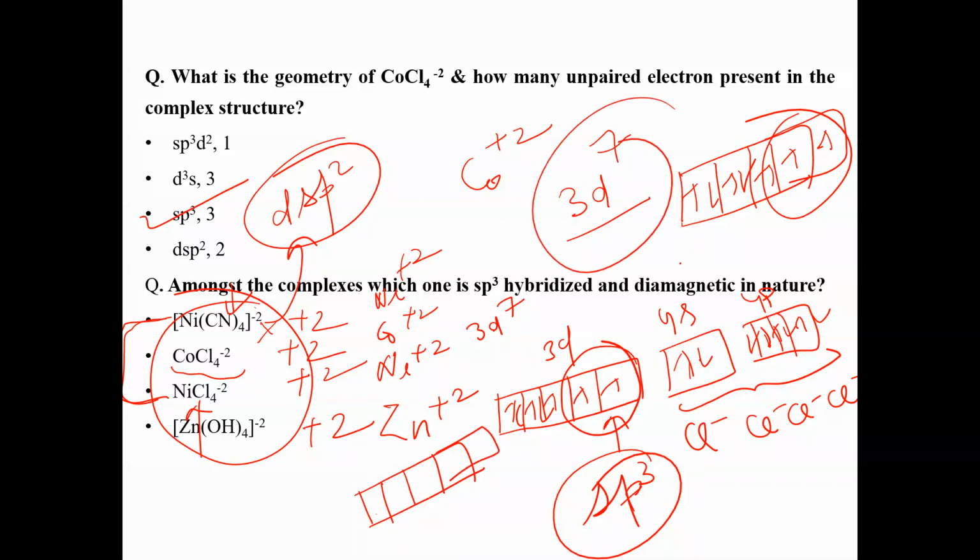So 3d7 is written here. Two unpaired electrons are there, so it will be paramagnetic. And for nickel plus 2, that is 3d8, the configuration will be 3, 4, 5, 6, 7, and 8. So two unpaired electrons are there.